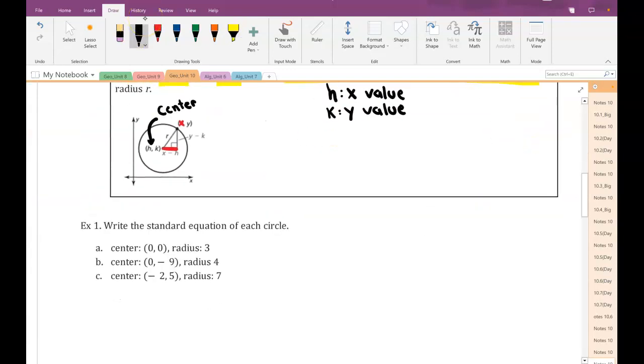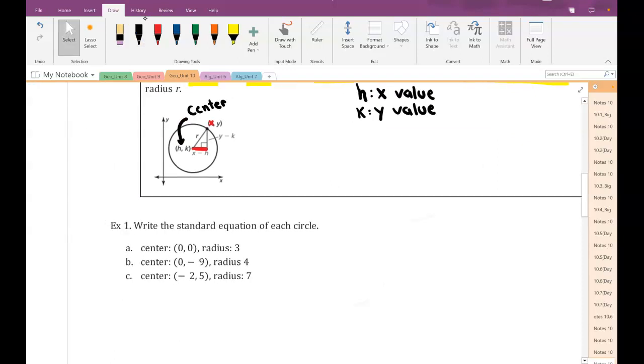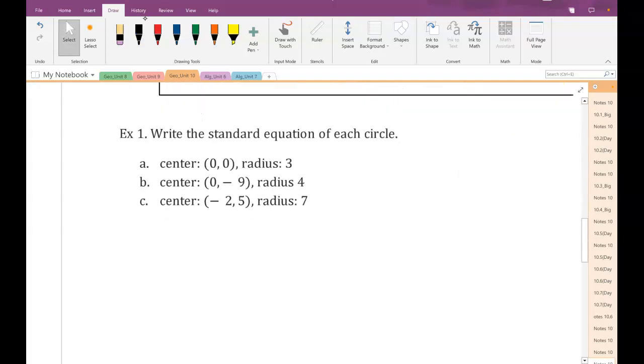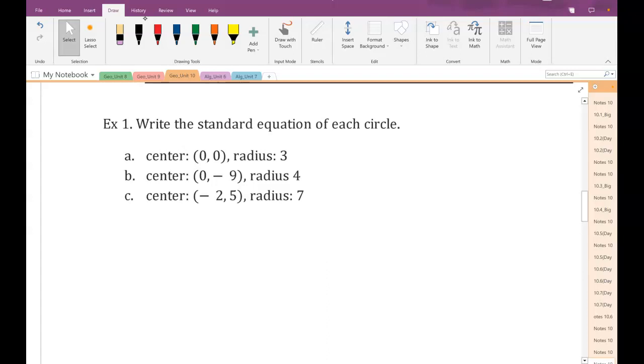So these three examples just ask us to write the standard form of each circle, and it kind of gives us conditions. So we'll start with the first one, where we have a center of 0, 0 and a radius of 3. So since our center is 0, 0, we could use that first kind of standard form I gave you, or we could write this out.